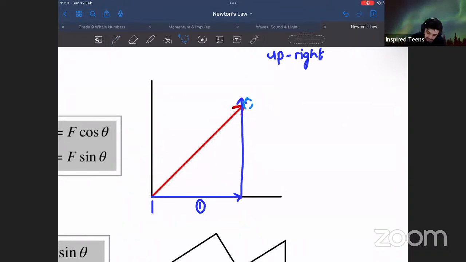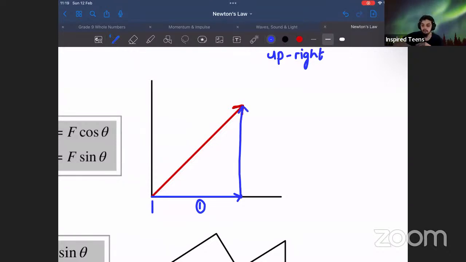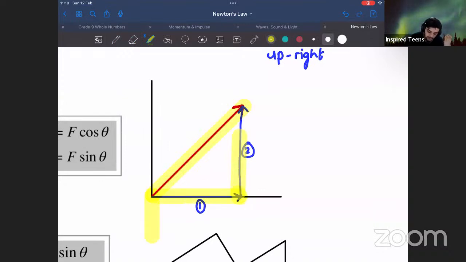Now this diagram is not 100% accurate, so let's just redraw it. Something like that. When you draw the head to tail method, you can see that vector 1 and vector 2 combine to create this. The diagonal force that we originally had is actually the resultant of our horizontal and our vertical.